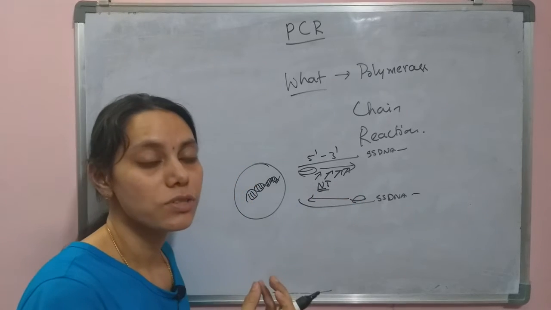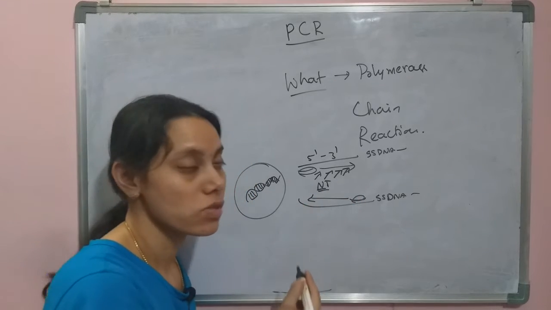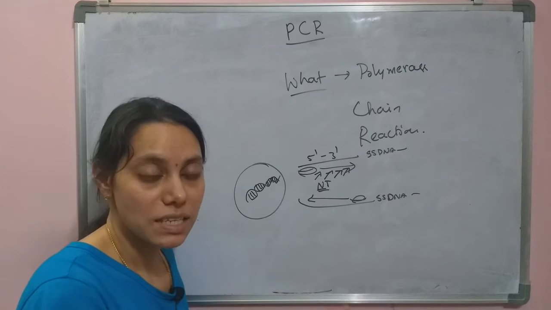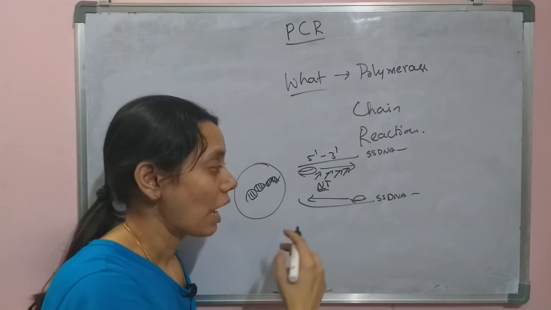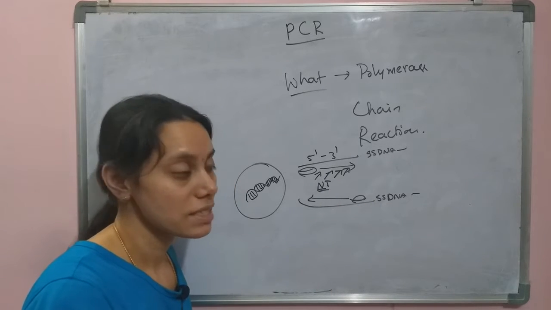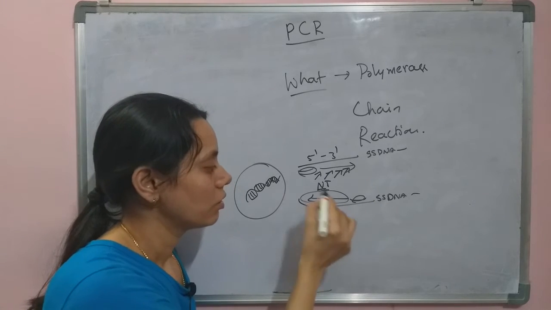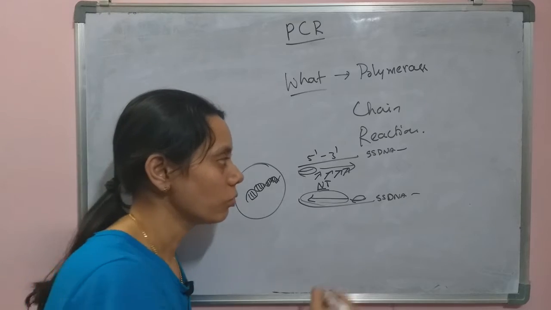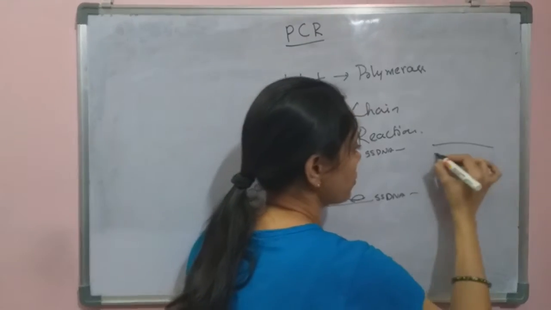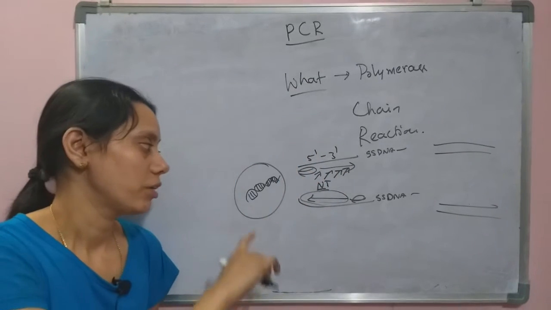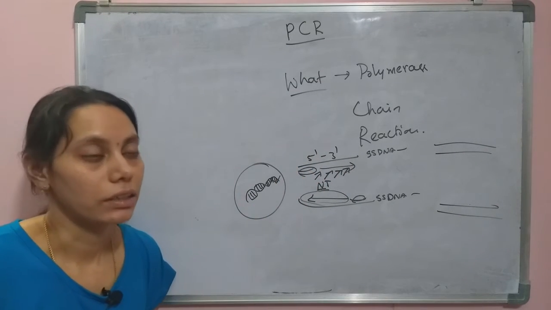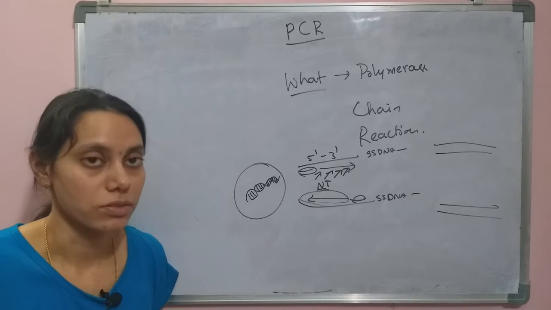These nucleotides act as building blocks of the synthesizing DNA, sequentially added to the newly synthesizing strand. By the end of the procedure, two copies of the DNA will be obtained from a single set of DNA. That is the natural process.